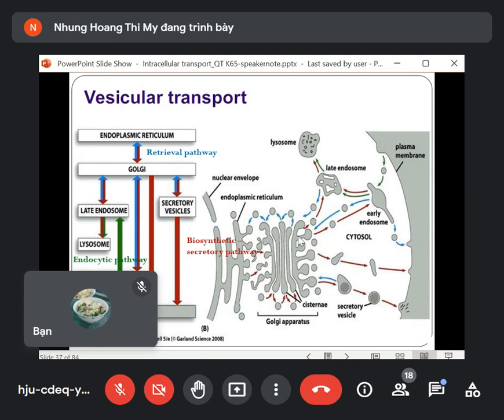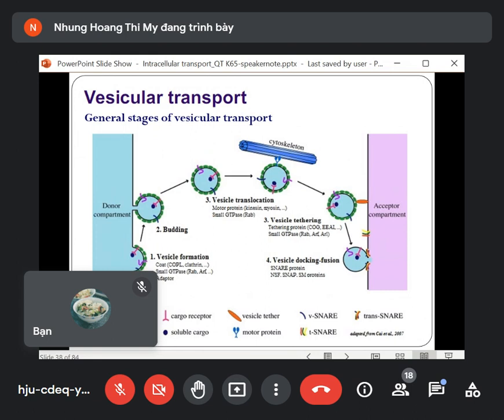So you can see this retrieval pathway can transport both from the plasma membrane to the other organelles, like the endosome, lysosome, Golgi apparatus, and back to the endoplasmic reticulum, the ER. So those are the three pathways involved in vesicular transport.